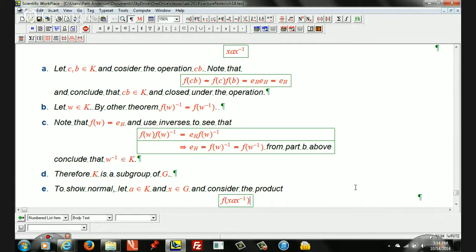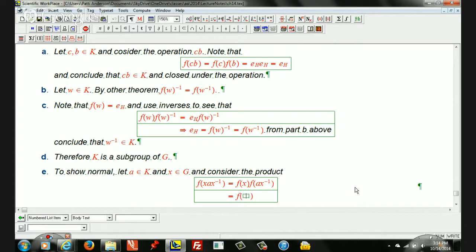We know F is a homomorphism. A is in the kernel, so that's going to go to F of A. I'm going to do that in one more step. So you get F of X, F of A, F of X inverse. Where does X live? X lives in G.